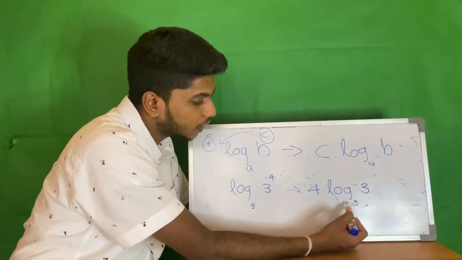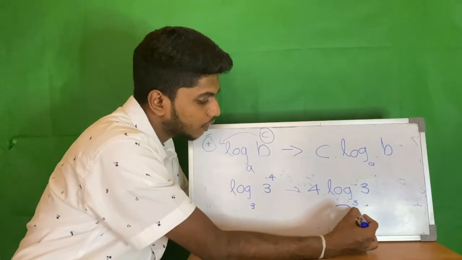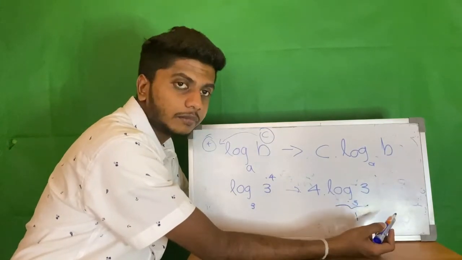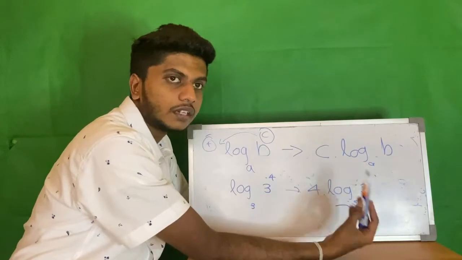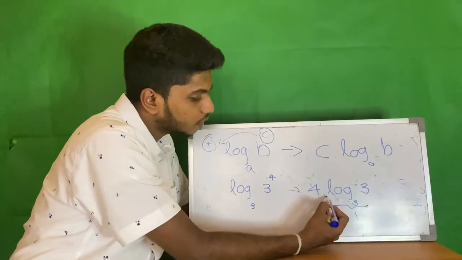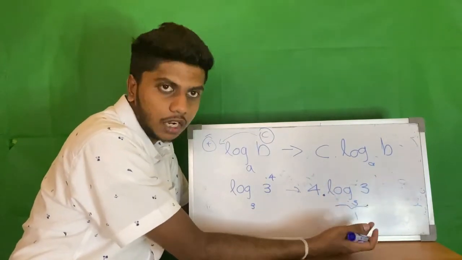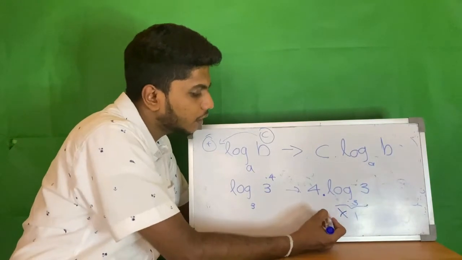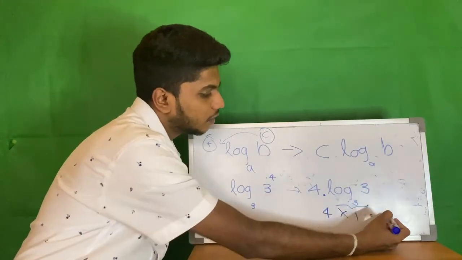You know log base 3 of 3 is 1, because 3 to the power 1 is 3. The dot means multiplication. You multiply 1 into 4, the answer is 4.